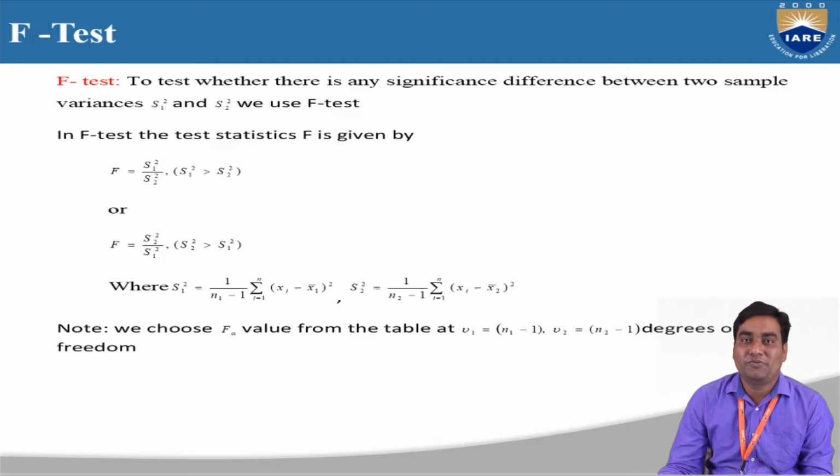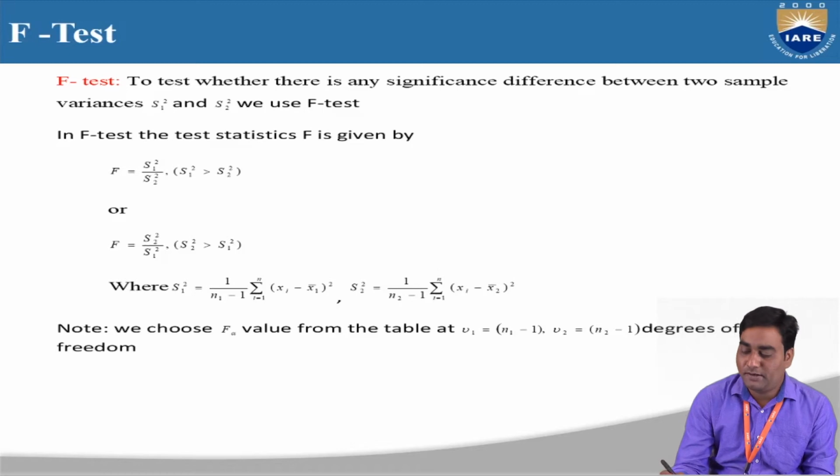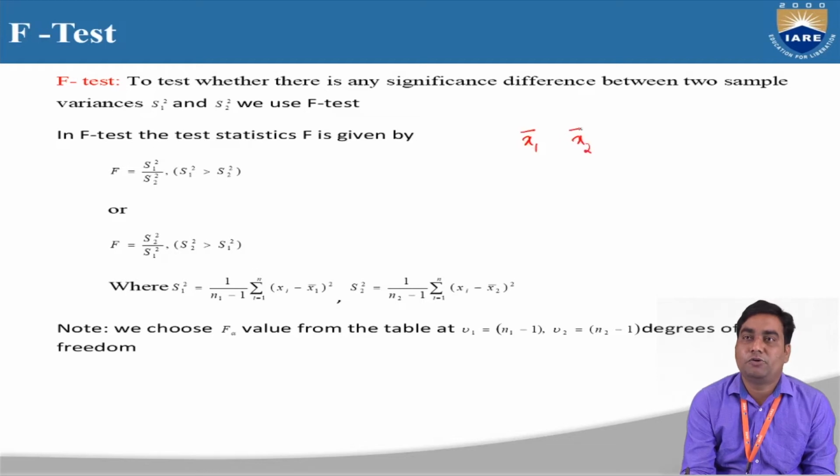Here also we take two samples with the means. The mean of the first sample is x1 bar and the mean of the second sample is x2 bar. The variance of the first sample is s1 square and the variance of the second sample is s2 square.